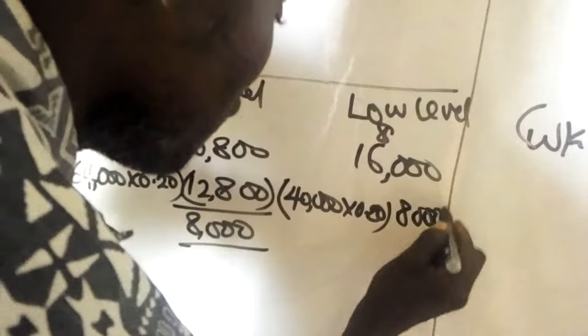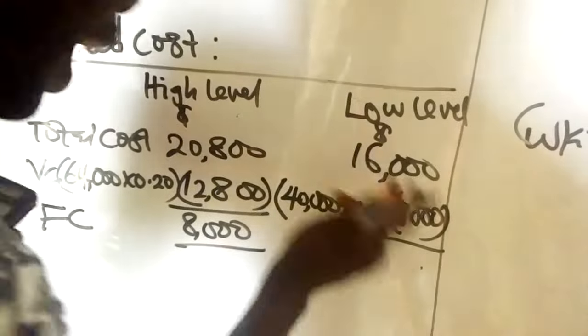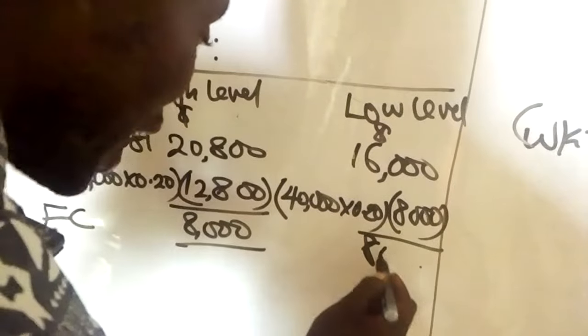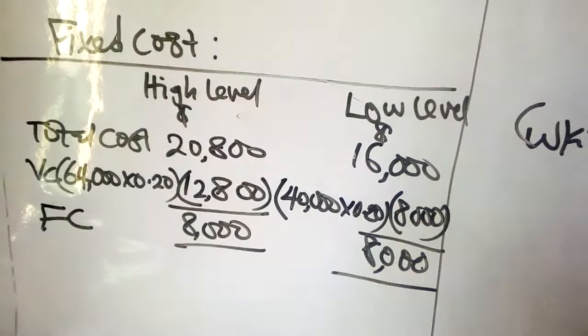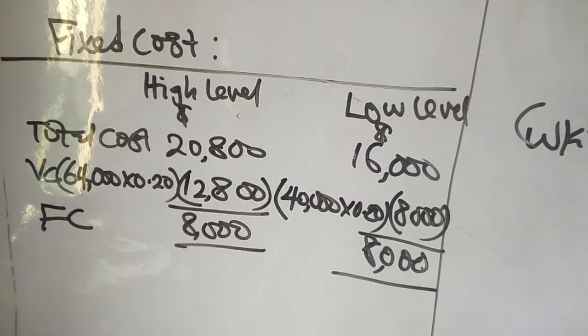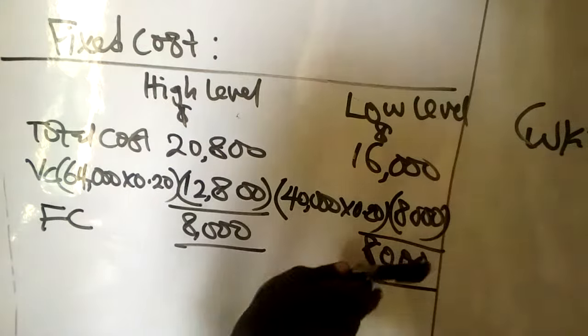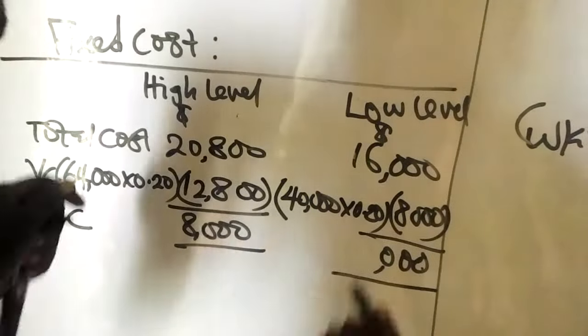If you remove 8,000 from 16,000, then you'll be left with 8,000. That 8,000 is the fixed element of the semi-variable cost. Irrespective of the level of activity, the fixed cost must remain the same. That is why you have 8,000 and 8,000 as well.